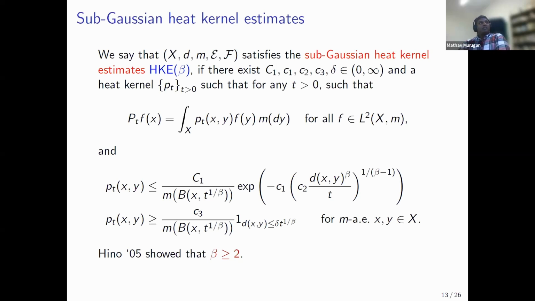So when beta equals 2, there is this famous estimate called Varadhan's estimate that tells us that if you look at the log of the heat kernel and multiply by 4 times time in a Riemannian manifold and let t go to 0, this converges to the square of the Riemannian distance, maybe with a minus sign. And this kind of estimate is known in the Gaussian case, when we replace the Riemannian distance with the intrinsic distance.